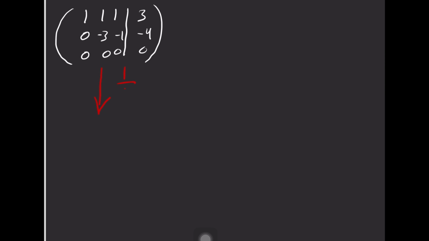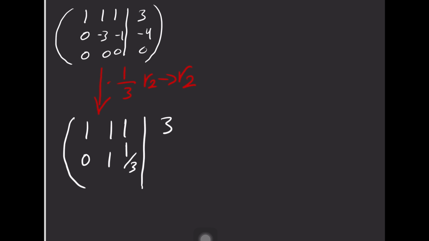So I'm gonna do row 2 in row 2, and again update our matrix. So it becomes 1, 1, 1, 3, 0, 1, 1 over 3, and 4 over 3, 0, 0, 0, 0. Now the matrix looks like this.